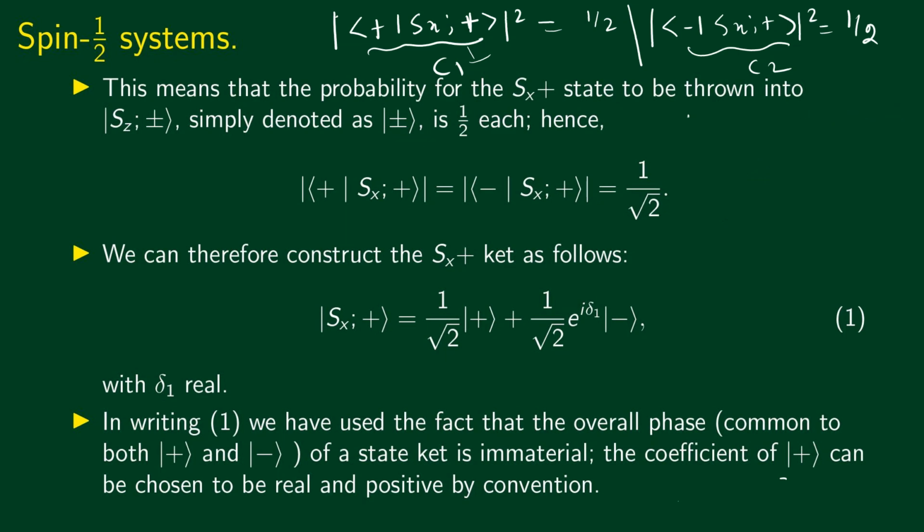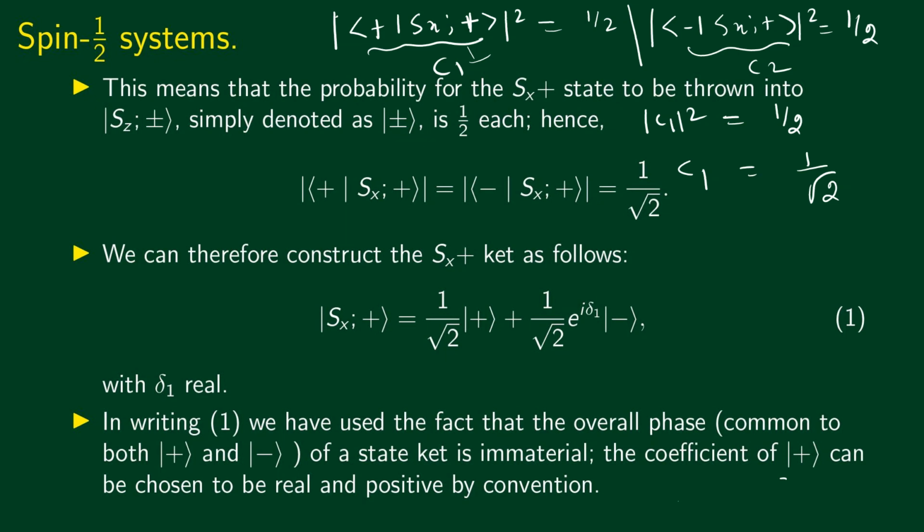What is C1? C1 is bra plus ket Sx plus. What is C2? C2 is bra minus ket Sx plus. Modulus C1 square is 1 by 2. What does this mean? This means that C1 is equal to 1 divided by root 2. But that's not all, because C1, C2 are complex numbers. So what we need is a complex number which when you take the modulus square gives you 1 by 2.